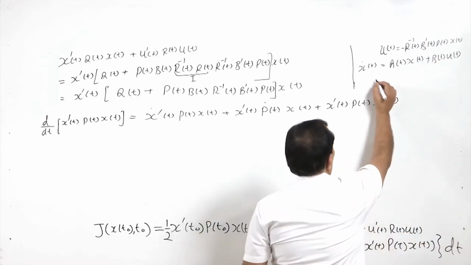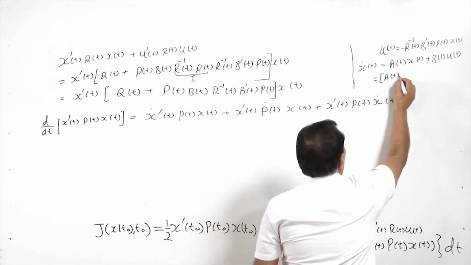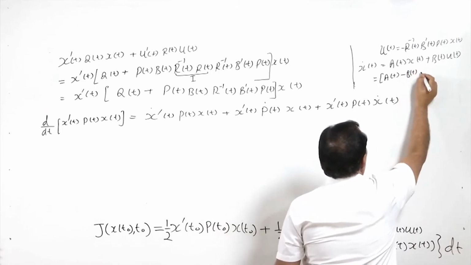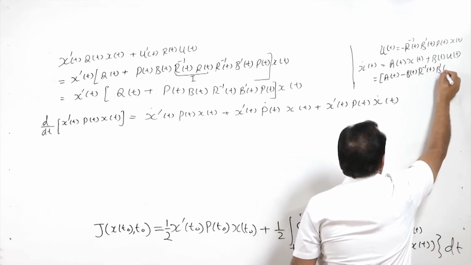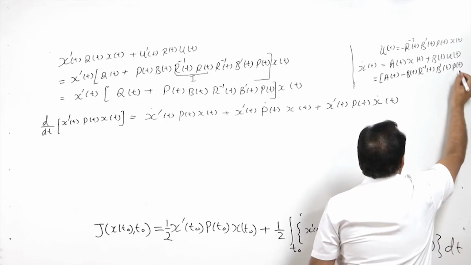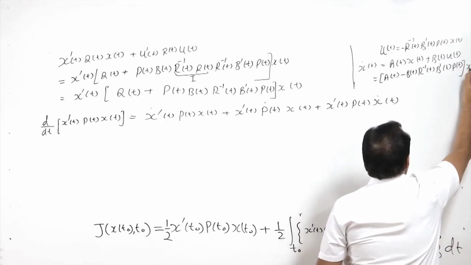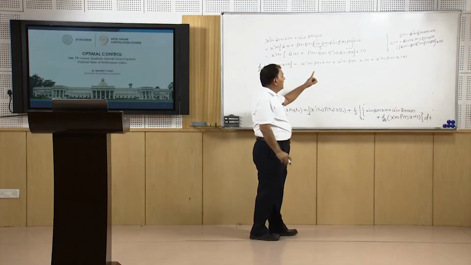So this is nothing but A(t) minus B R inverse B prime P(t) times x of t. So this is my x dot t.